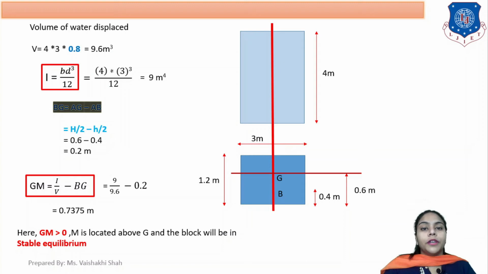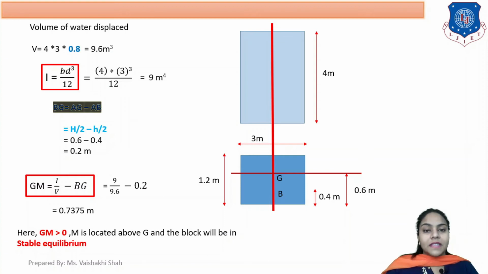The unit for moment of inertia is meter raised to 4, and the equation for a rectangular body is BD cube by 12. Now BG, as we discussed, is AG minus AB. We have the value of AG, that is capital H by 2, which is 0.6, minus AB, that is small h by 2, which is 0.4. So your final answer for BG is 0.2 meter.